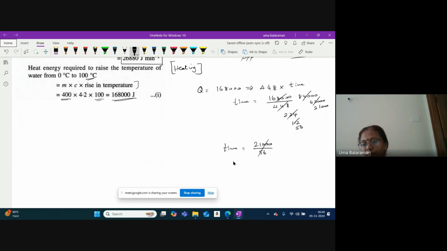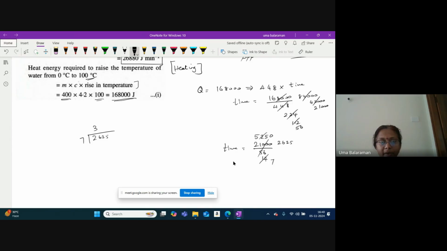This is divisible by the 4 table, which is 14. The numerator is divisible by the 4 table, 5 fours are 20. Again, divide by 2 table. 2625 by 7. Go ahead, divide it.